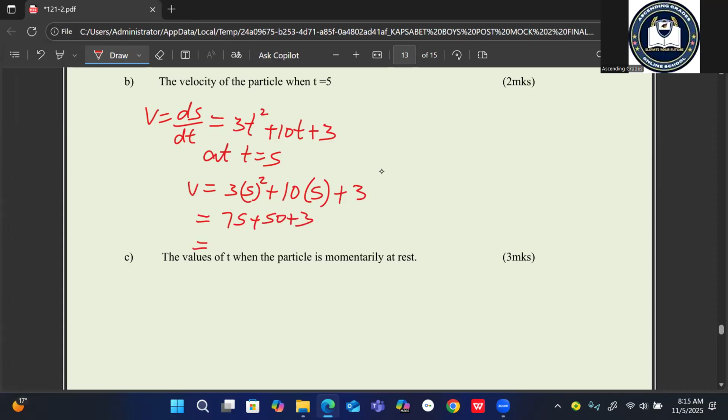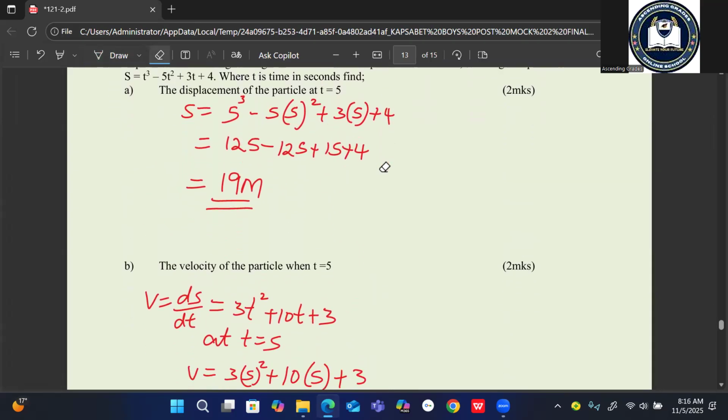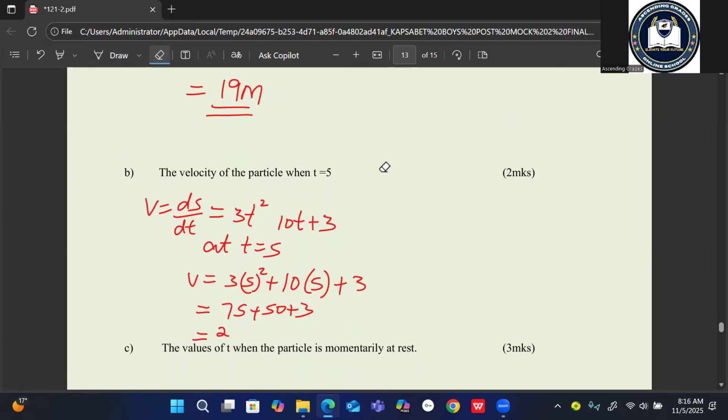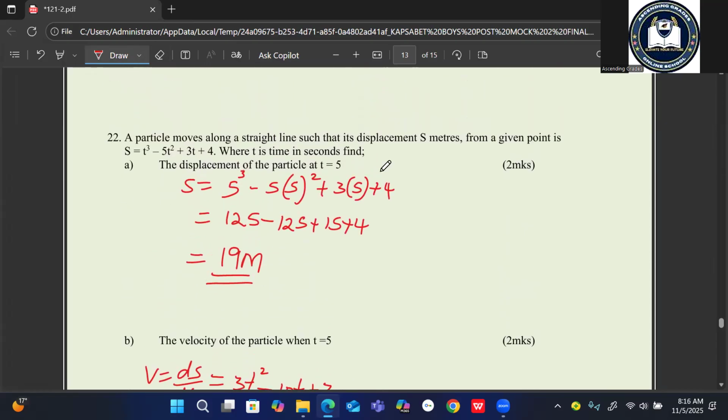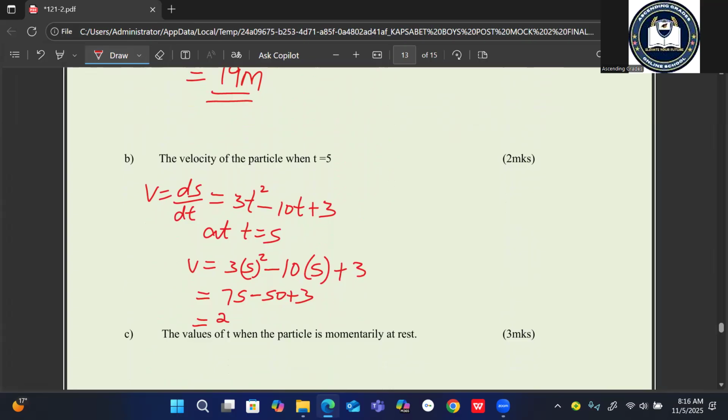Sorry, it was supposed to be 3t squared minus 10t plus 3.